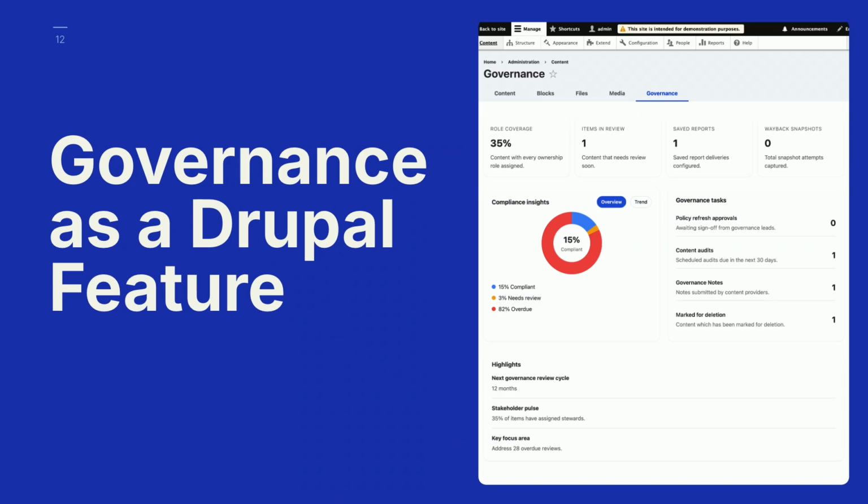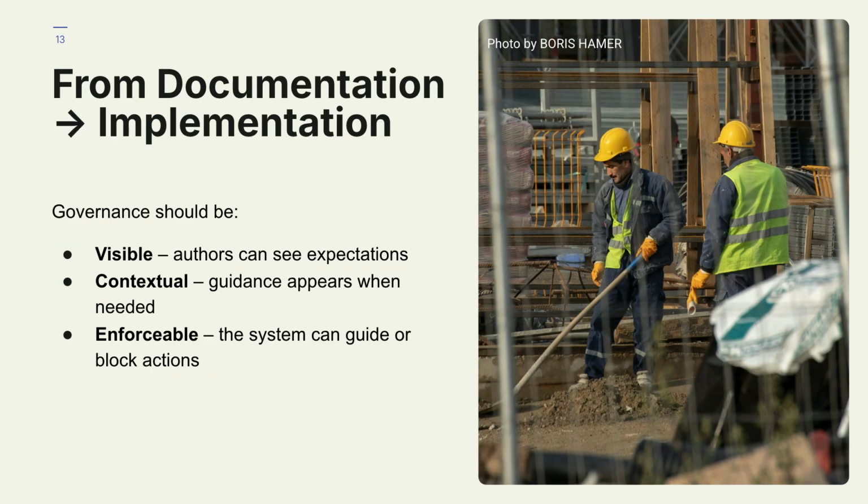So we're going to look at how Drupal can help and take policies and training and turn them into features. So going from your document to actually translating that into an implementation.